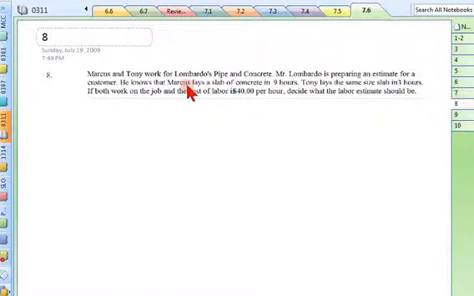He knows that Marcus lays a slab of concrete in 9 hours. Marcus, 9 hours. Tony lays the same size slab in 3 hours. If both work on the job and the cost of labor is $40 per hour, decide what the labor estimate should be.